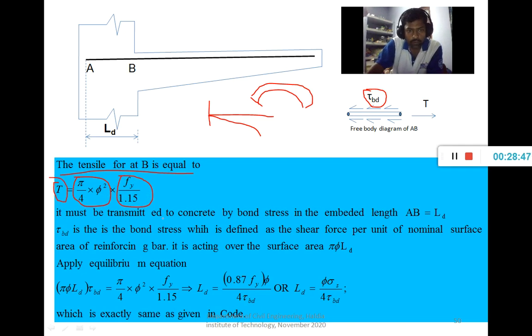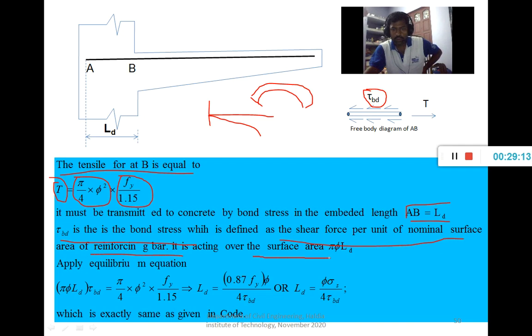Now this force is transmitted to concrete by bond stress in the embedded length AB, which is equal to LD. So this length is called LD, where tau BD is the bond stress, which is defined as the shear force per unit of nominal surface area of the reinforcing bar. It is acting over the surface area, pi phi LD.